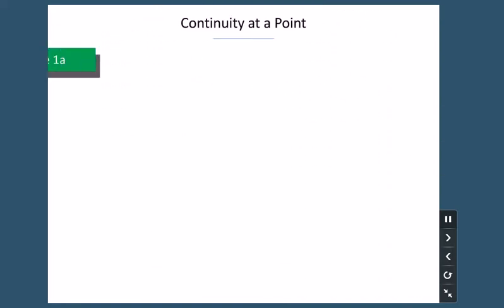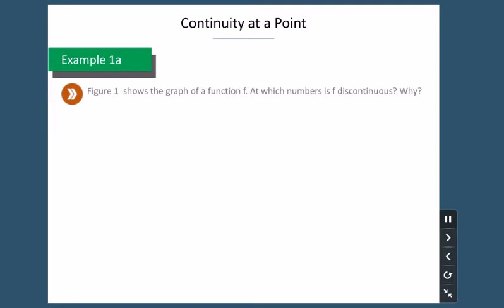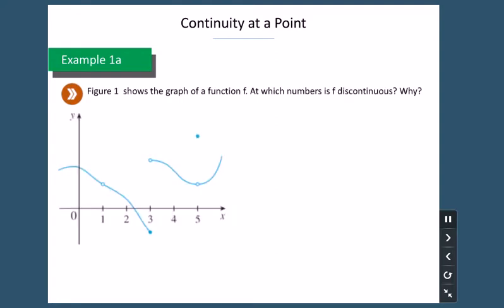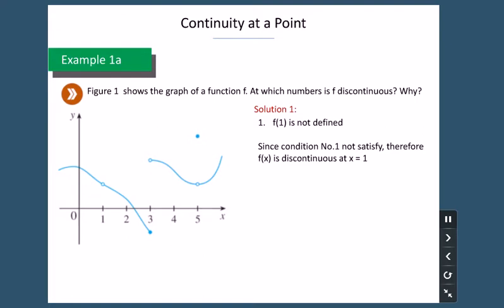Example 1a. Figure 1 shows the graph of a function f. At which numbers is f discontinuous? Why? Solution 1. f(1) is not defined. Since condition number 1 is not satisfied, therefore f(x) is discontinuous at x equals 1.